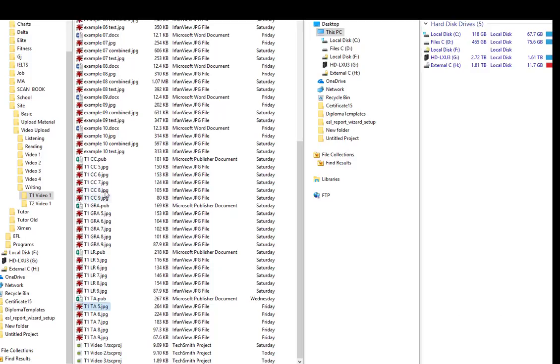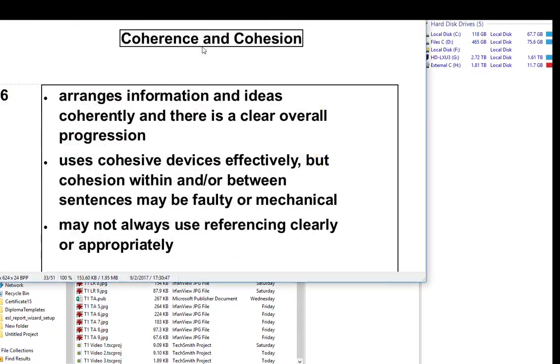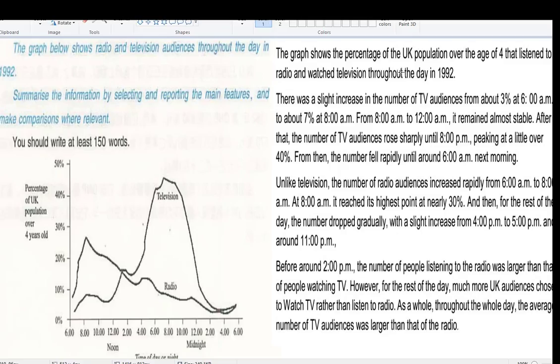Let's see if they can do better in coherence and cohesion. "There was a slight increase, and there, blah, blah, blah. It remained..." Okay, so there's some referencing there to the audiences. "After that," okay, I guess that refers to the time. "From then, the number," okay, so there's some referencing there. "Unlike television," okay, so that's a good phrase. Good word to use.